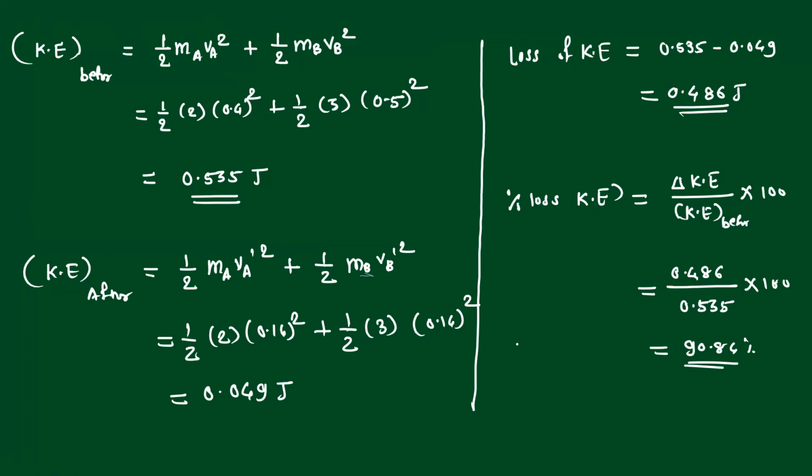So this is the answer for the second question. And for the third question, or third case, the impact is such that the value of E is equal to 0.7.